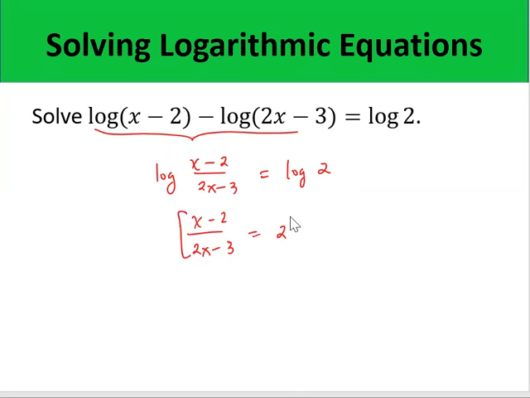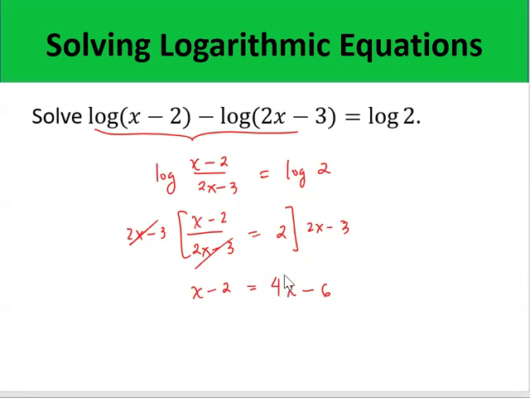Multiplying both sides of this equation by 2x minus 3, we get x minus 2 for the left side because 2x minus 3 will cancel out. While at the right side, we have 2 times 2x minus 3, which is 4x minus 6.